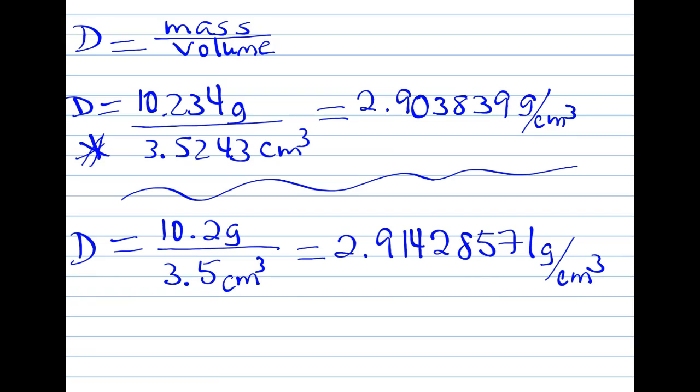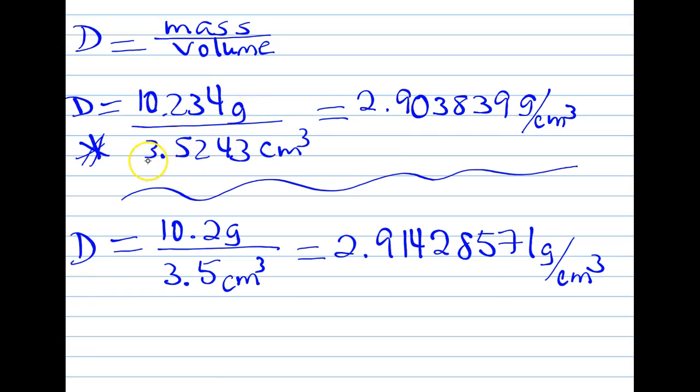The first calculation, 10.234 grams divided by 3.5243 cubic centimeters, is limited to the number of significant figures each one of the original quantities gave us. So if we look at the first one here, we have 1, 2, 3, 4, 5 significant figures on our mass for the first calculation.